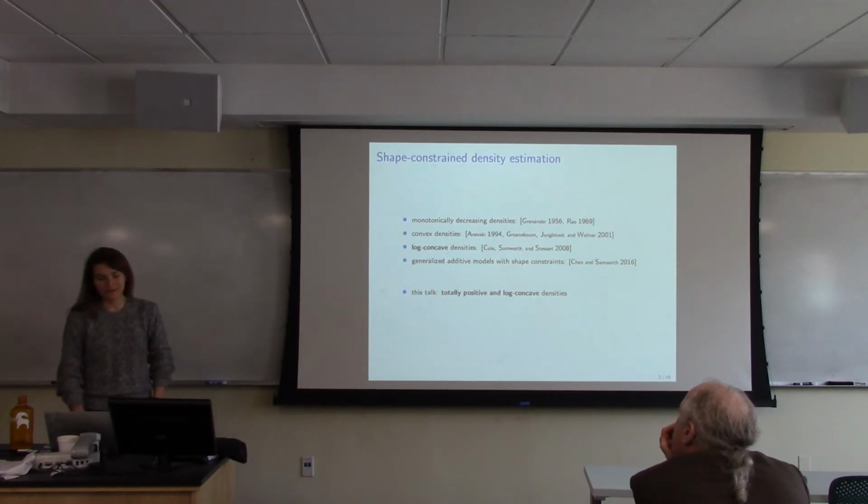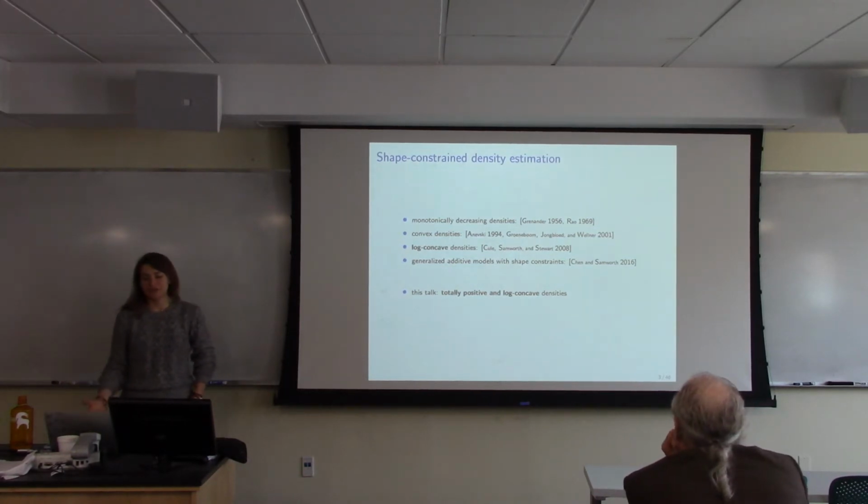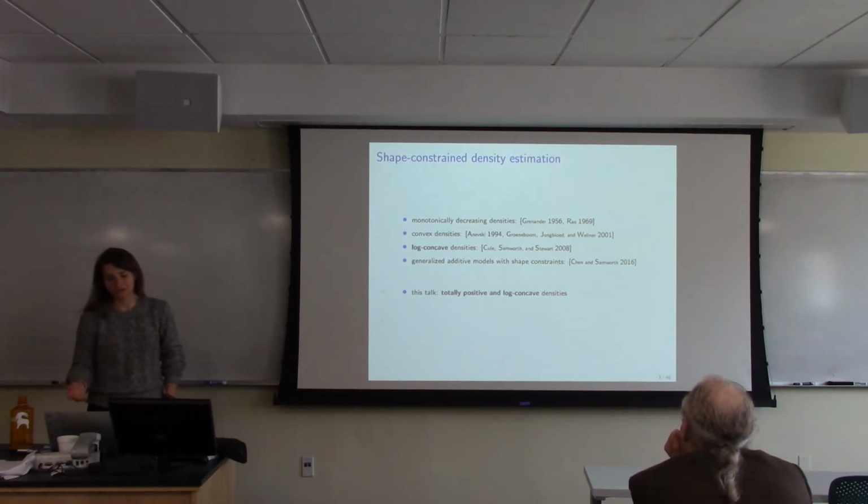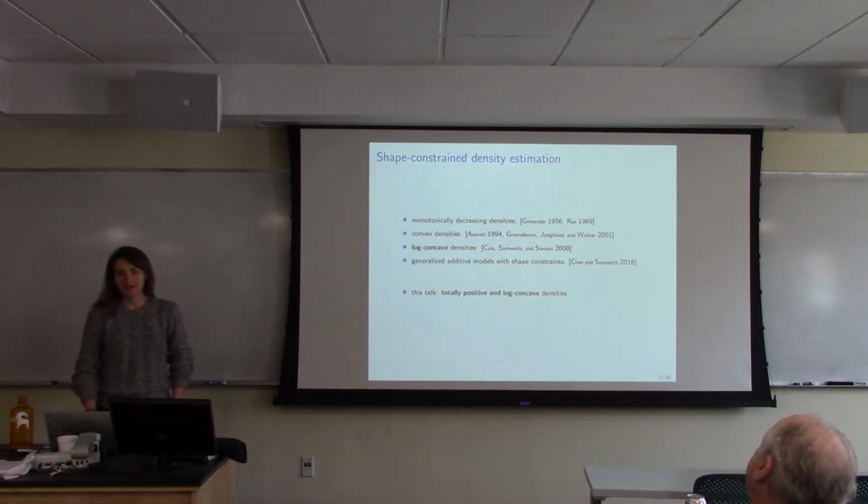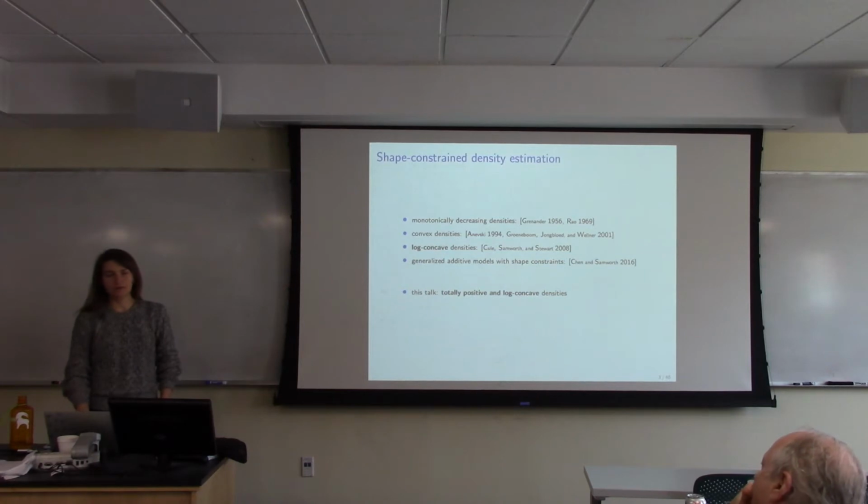Okay, and so in this talk we'll impose a different shape constraint, which will come from total positivity. So we have that, and on top of that we'll also impose log-concavity.